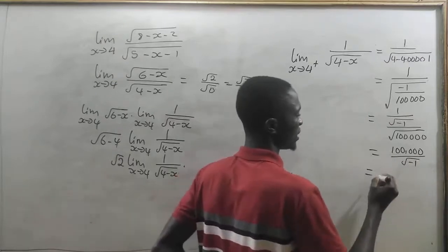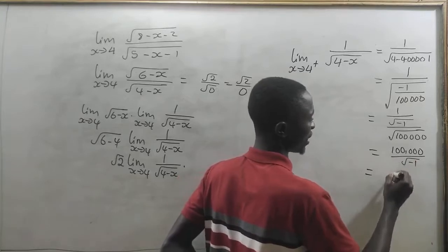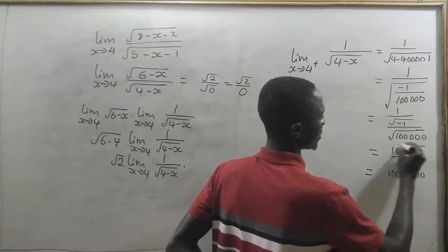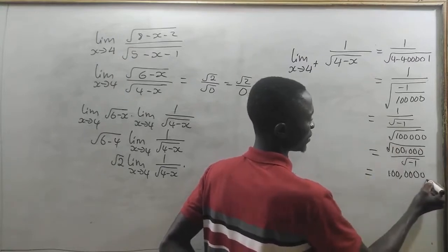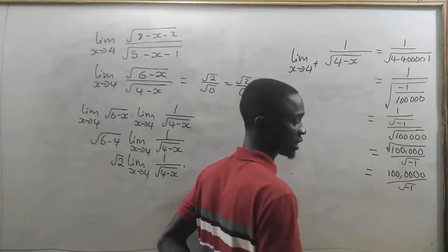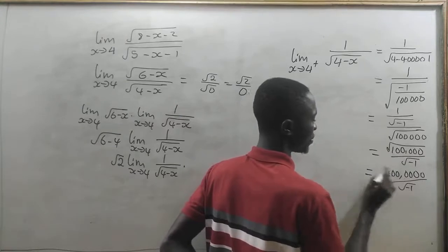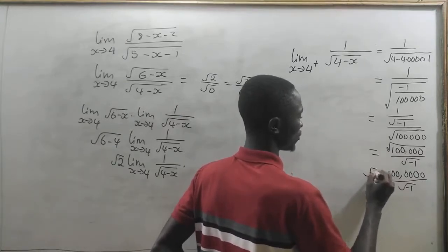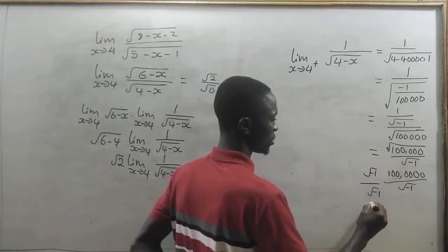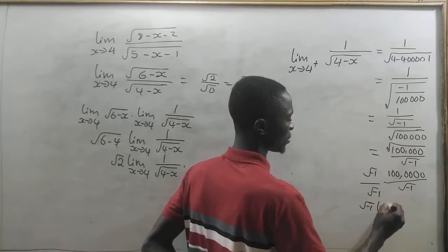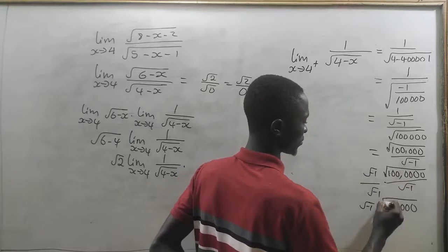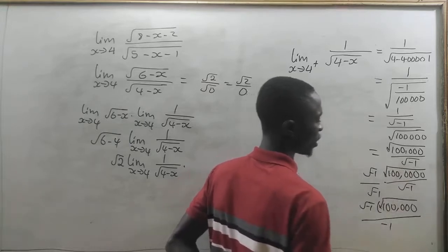So we are going to have the square root of 100,000 divided by the square root of negative 1. So this is the same as the square root of 100,000, divided by the square root of -1. And then if we rationalize this, that is, if we multiply here by the square root of -1 and multiply here also by the square root of -1, we are going to have the square root of -1 times the square root of 100,000 all divided by -1.